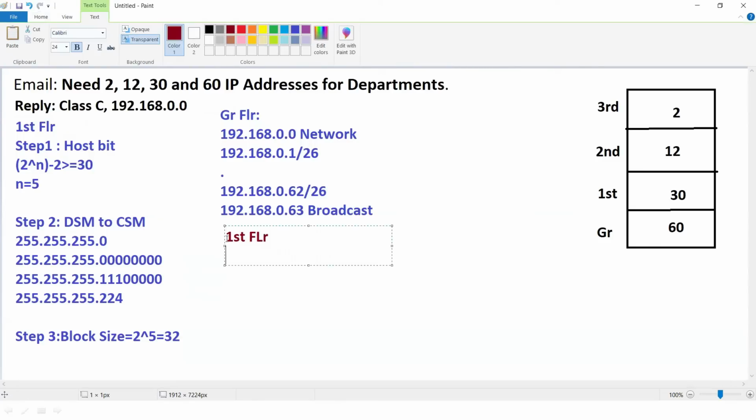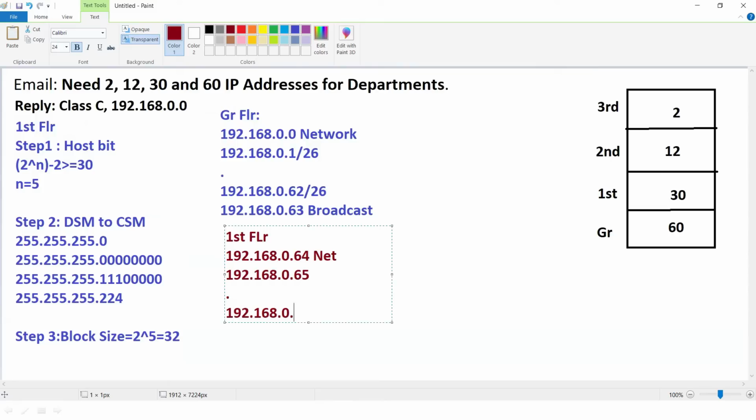Now start allotting the IP addresses for the first floor. For the first floor, the IP addresses will be: 192.168.0.64, this will be the network address. 192.168.0.65 will be the first IP address.